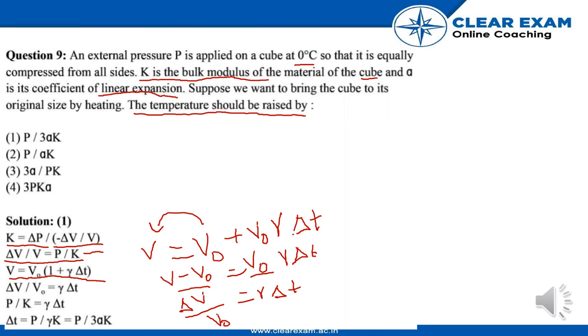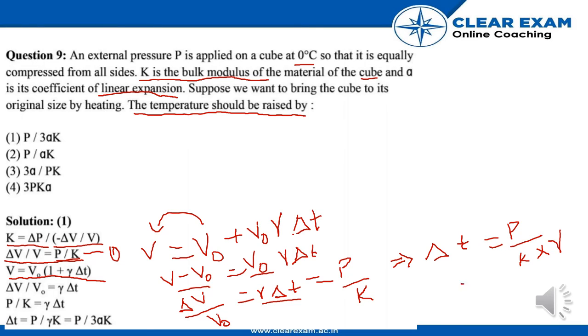From the previous equation, we know that delta V upon V is P by K. Therefore, gamma delta T will be equal to P by K. From here, we can find delta T, which will be P by K gamma, that is, P upon K into gamma.